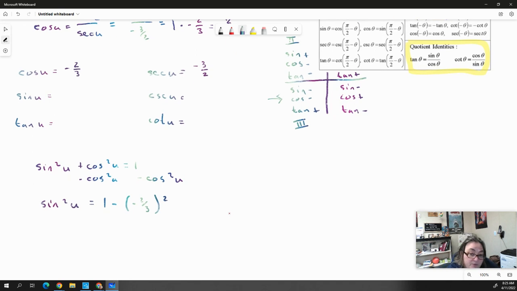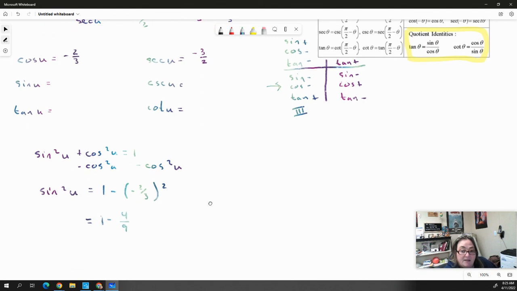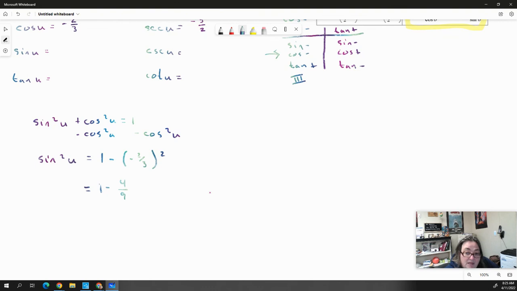So that means that sine squared of u equals 1 minus 4/9. Negative 2 squared is 4, and 3 squared is 9. So we've got minus 4/9, because this minus is on the outside, even though it became positive on the inside. If we look at this, 1 is the same as 9/9, so 9/9 minus 4/9 equals 5/9.